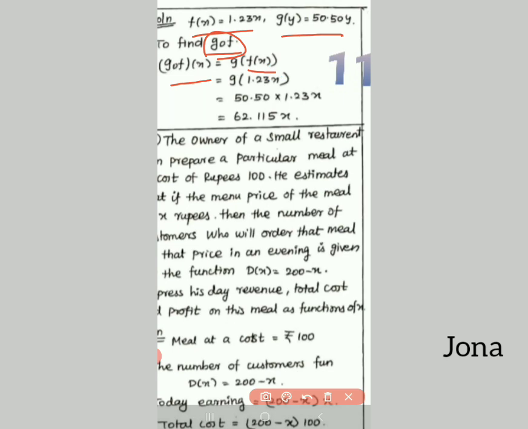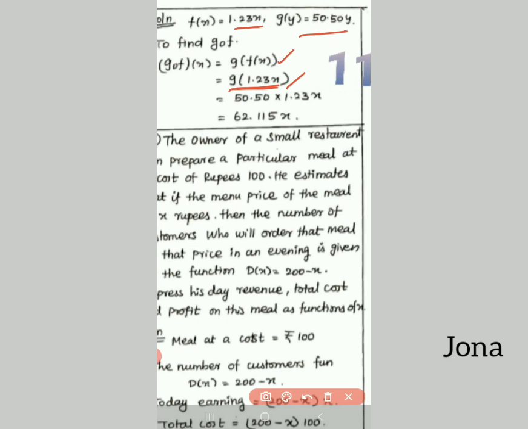So f of x is given in the problem already, that is f of x equal to 1.23x. So we substitute here, instead of f of x, 1.23x. Now we got g of y here. What's the value of g of y in the problem given? g of y equal to 50.50y.